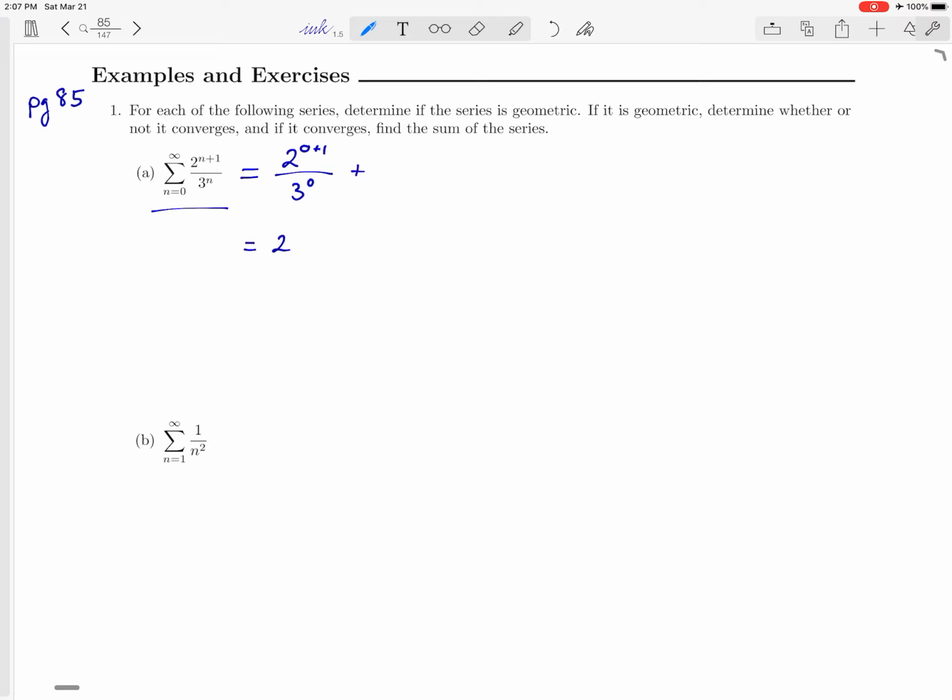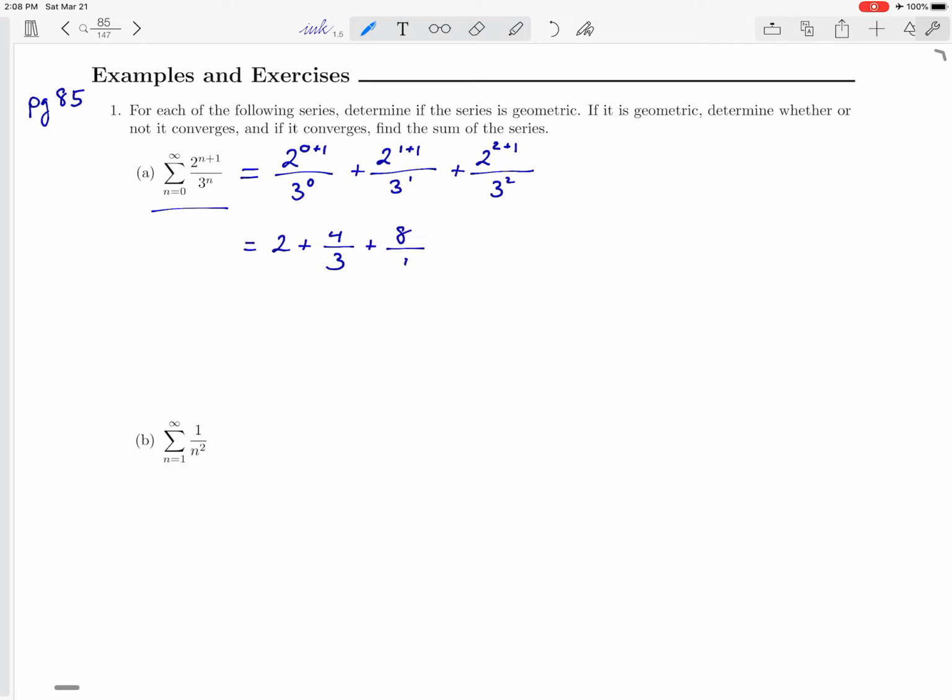Let's add the term when n is equal to 1. When n is equal to 1, we have 2 to the 1 plus 1 divided by 3 to the 1, and that is 2 squared over 3, that is 4/3. Now, for the next term, we have 2 to the 2 plus 1 divided by 3 squared, and 2 to the 2 plus 1, that is 2 cubed, which is 8.